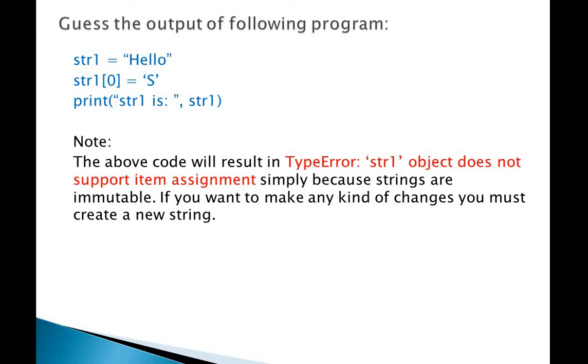H is the first letter of the string, so we are assigning s to h, but this will not be allowed as strings are immutable. So you are going to get an error if you try to modify the string object. It will prove strings are immutable.